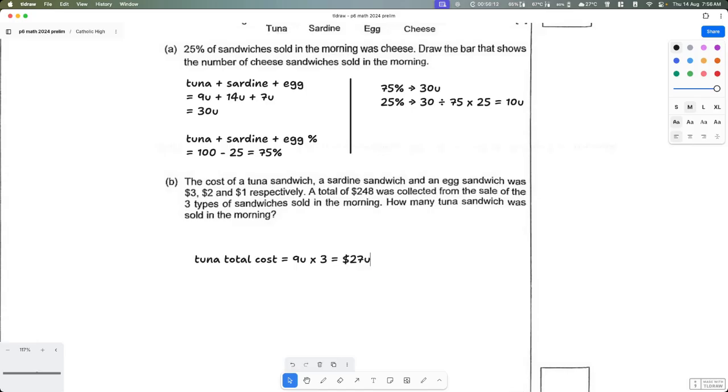Then we can do the same with sardine. Sardine is 14 units, then we times 2. This will give us $28. And then the last one we have is egg sandwich. Total cost would then be 7 units times $1, and this would give us $7.